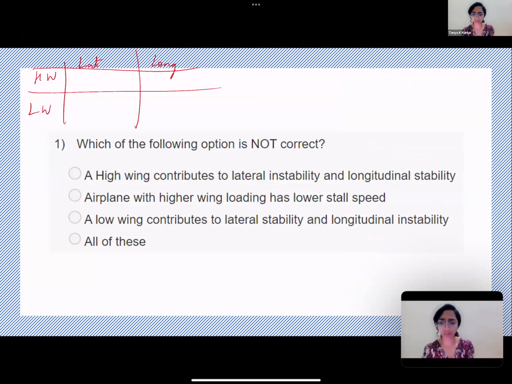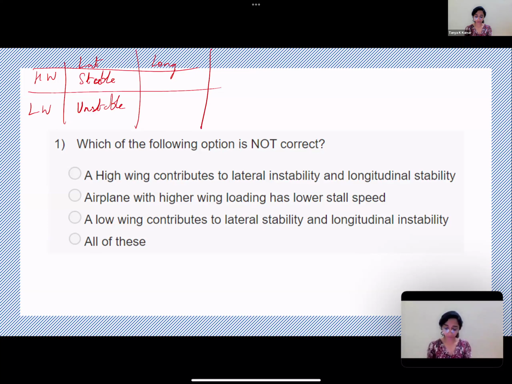Am I audible? Can someone confirm if I'm audible? Okay, so yes, lateral case, this is stable, correct. And what about the low wing? Low wing would be unstable.